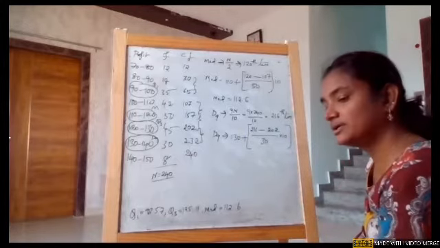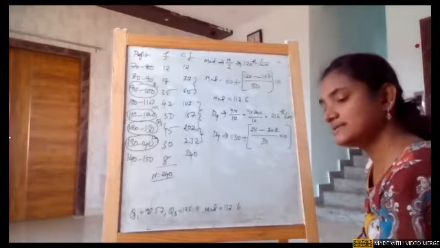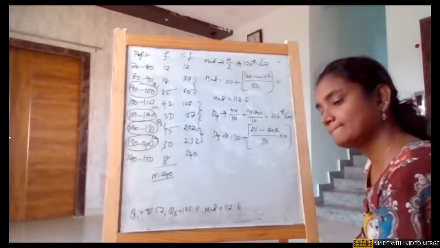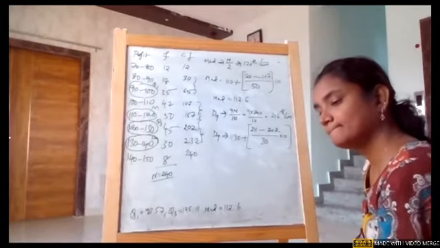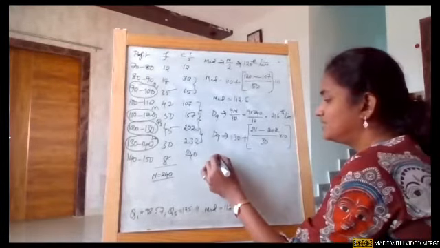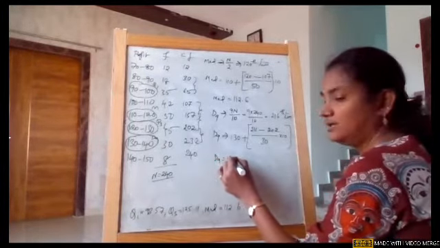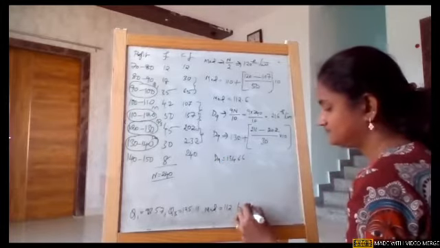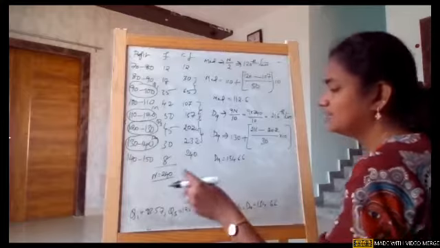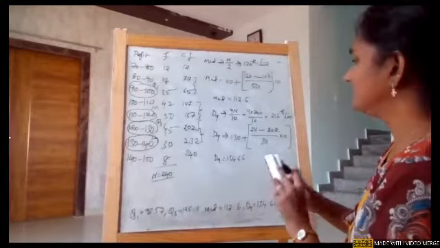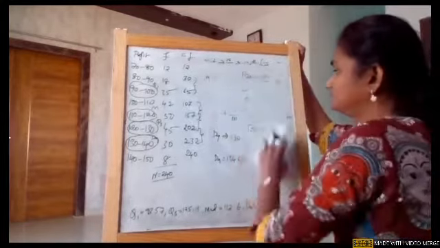So when we substitute it, what are we getting D9 to be? 134.66. So D9 is 134.66. Now the last one we have is D1.